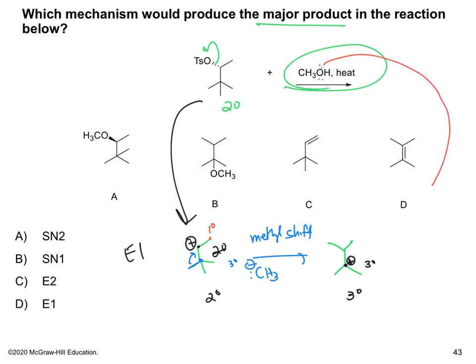In this case, that's an alpha, and this is a beta for elimination. So that would be the elimination product for an E1. And before we leave this, I just want to say, see the heat? The heat would be why you would choose the E1 as your major as well.